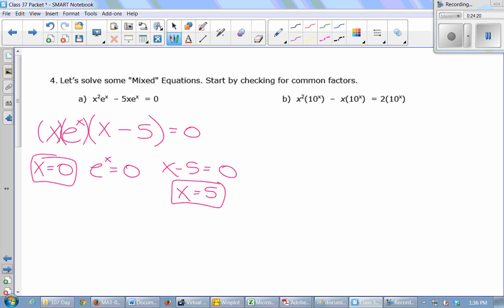It is what it is, because once you multiply it by 0, if x is 0, we know the whole thing will be 0. And if x is 5, we know the whole thing will be 0. Is there any other x that would make the whole thing 0? Will e to the x ever equal 0?